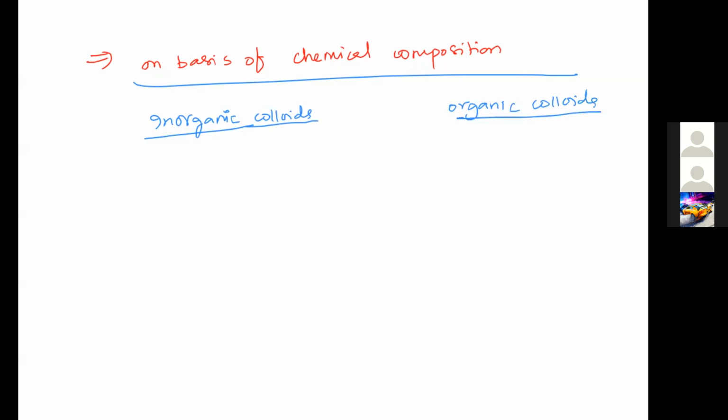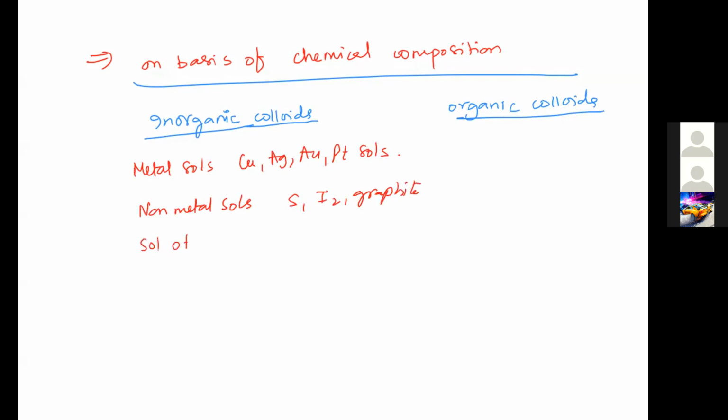Inorganic colloids means we have metal salts like copper, silver, gold, platinum salts. Non-metal solutions like sulfur, iodine, graphite.